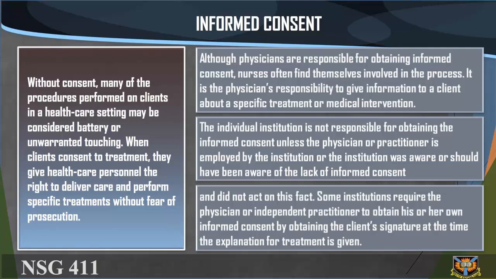Some institutions require the physician or independent practitioner to obtain his or her own informed consent by obtaining the client's signature at the time the explanation for treatment is given.